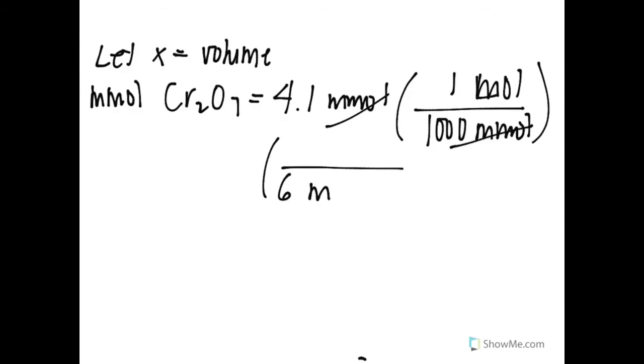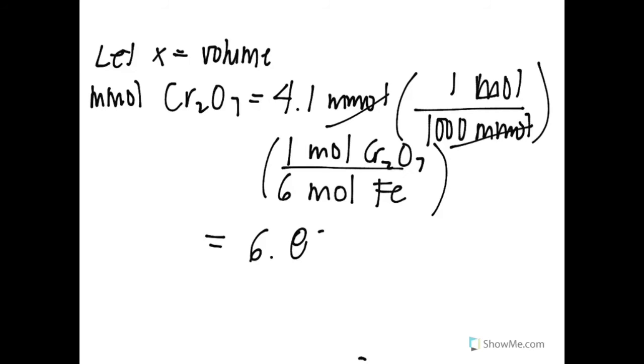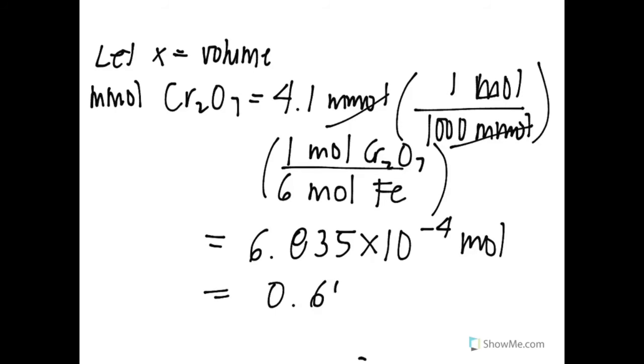So 6 moles of iron, and above is 1 mole of Cr2O7. And this results to 6.835 times 10 raised to negative 4 moles, or 0.6835 millimoles.